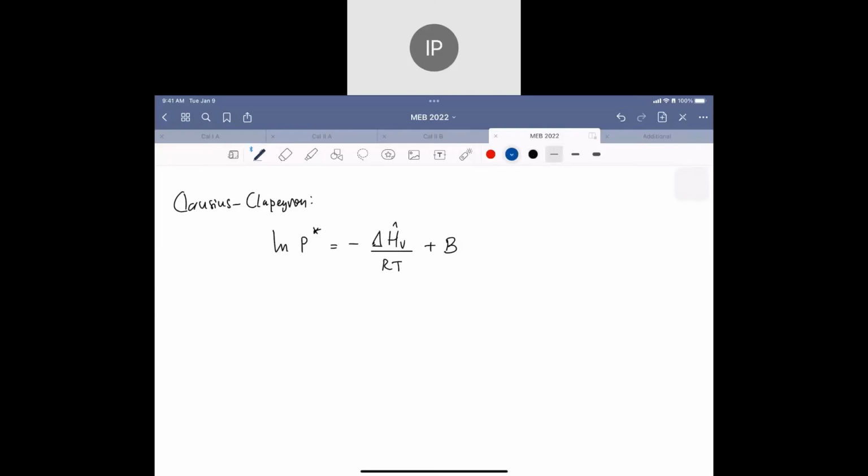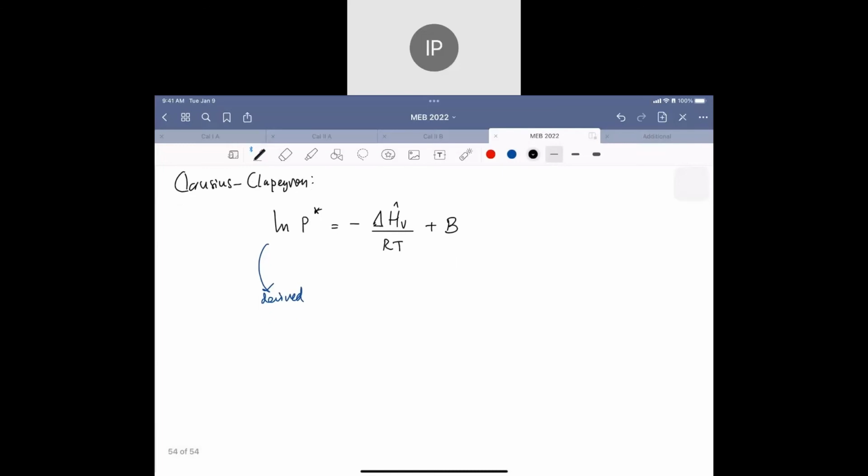And we could derive this. I think you could just use this other equation.